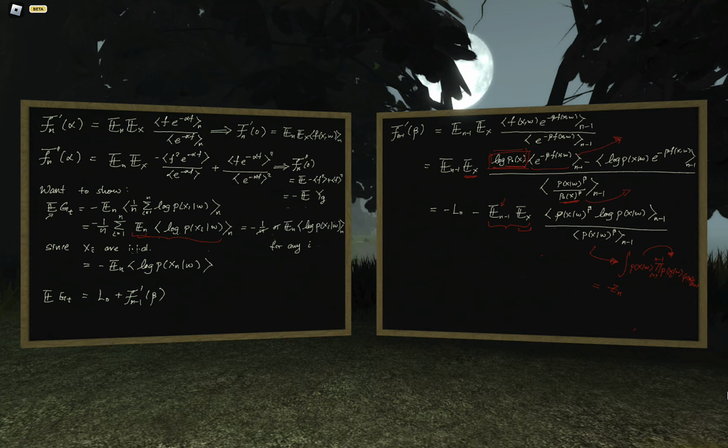And if you write out this integral here, what you get is negative L_0 minus E_n of log p(X_n|w).